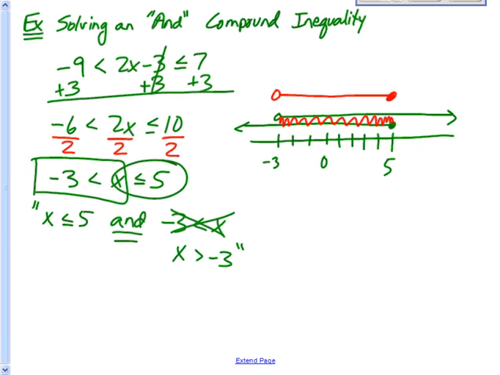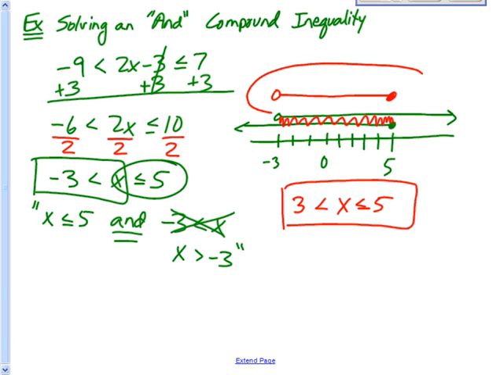We already had our answer right here, notation-wise. So here it is notated, and here it is on the graph. Oops, I forgot the negative 3 there. Once you get to this point, you really have your answer.